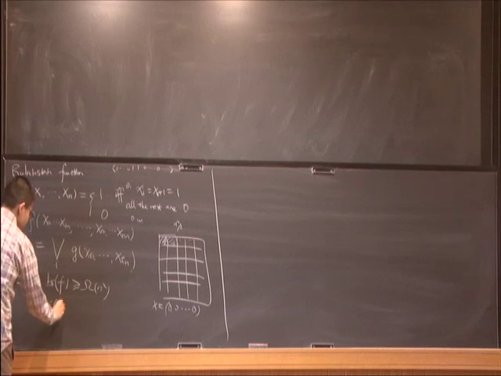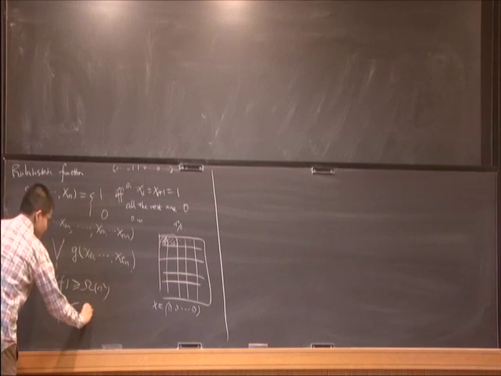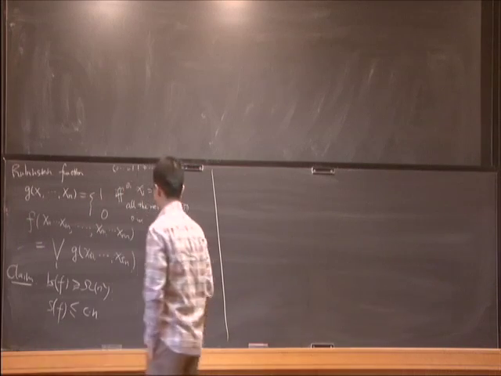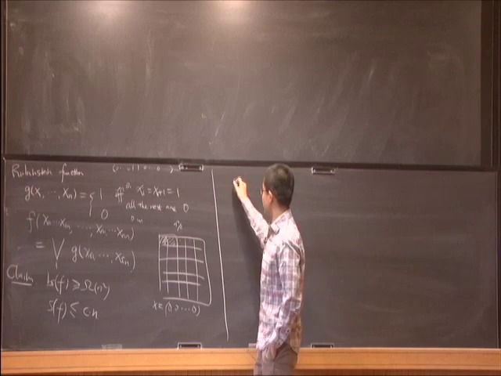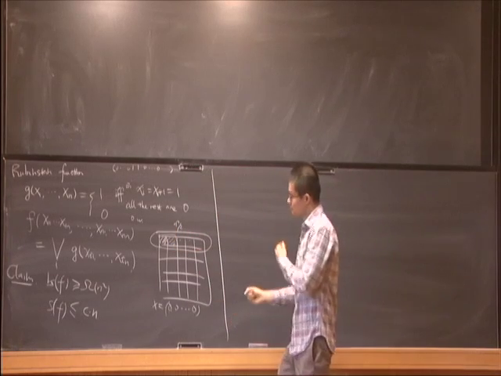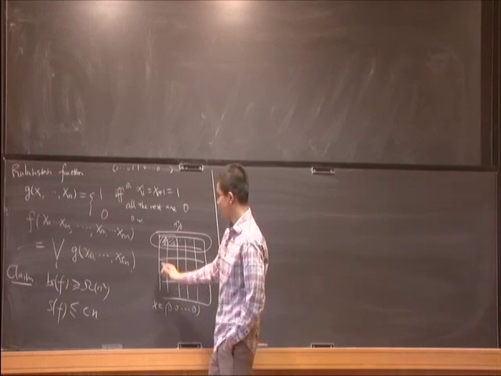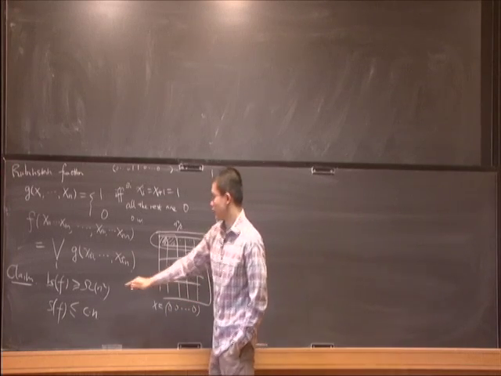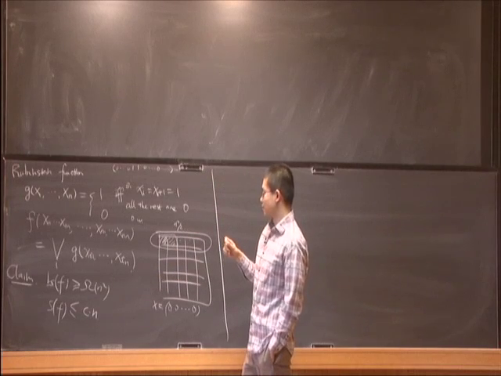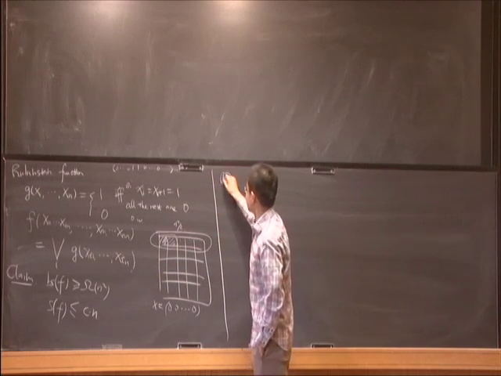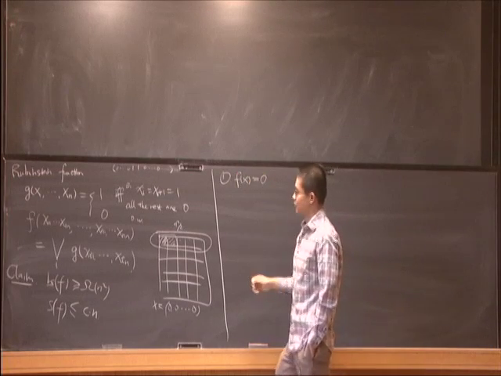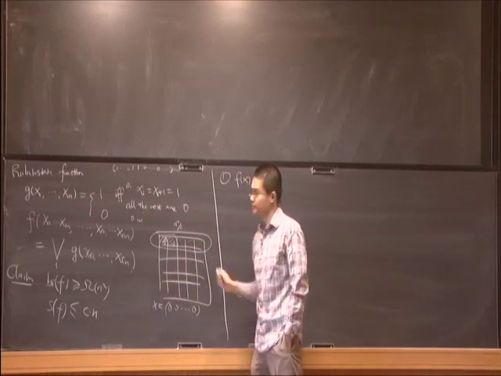And to see the sensitivity is at most a constant times n, this requires a little bit more work, but the main idea is, for example, if you look at one row. So you start from some x. If you want to change the value of f at this point x, let's discuss two cases. If f of x is equal to 0, then it means for every row it gives 0.